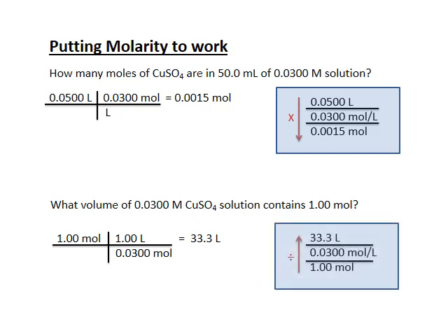And this is opposite of what we did when we were using gram stoichiometry. So we started with grams at the top, and then we divided down and then multiplied up. So you have to be kind of careful, keep your wits about you. Just look at the units. I can see that liters times moles per liter gives me moles. And if I have moles and then divide by moles per liter, I get liters.